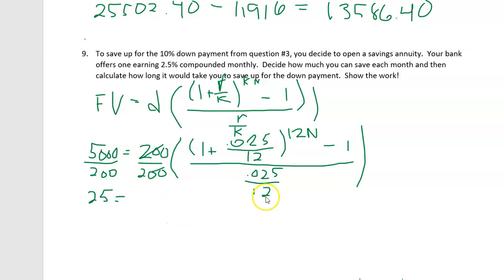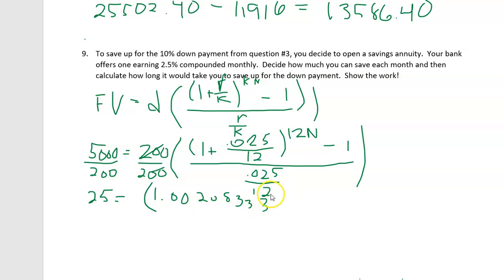Now, while I'm at it, on this side, I don't need parentheses anymore because this is gone, but I'm going to do 1.025 over 12 in my calculator. And that ends up being 1.002083333.